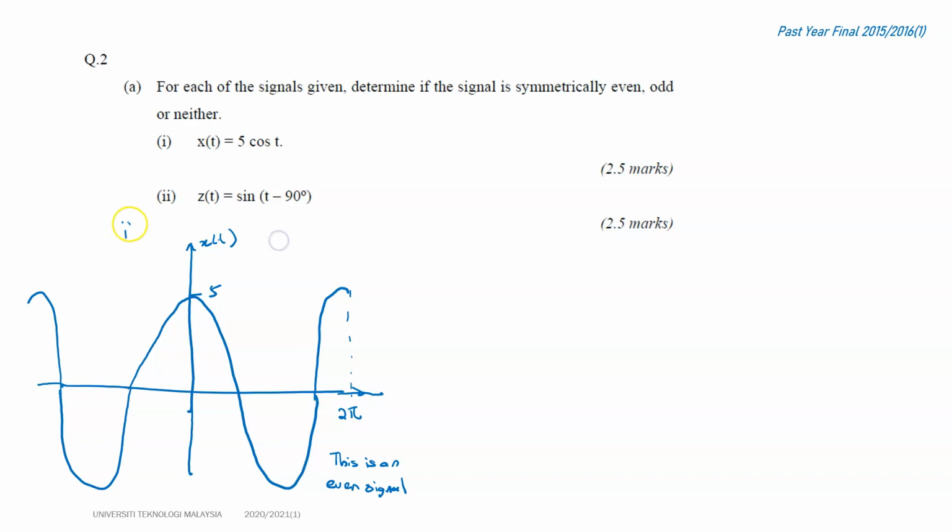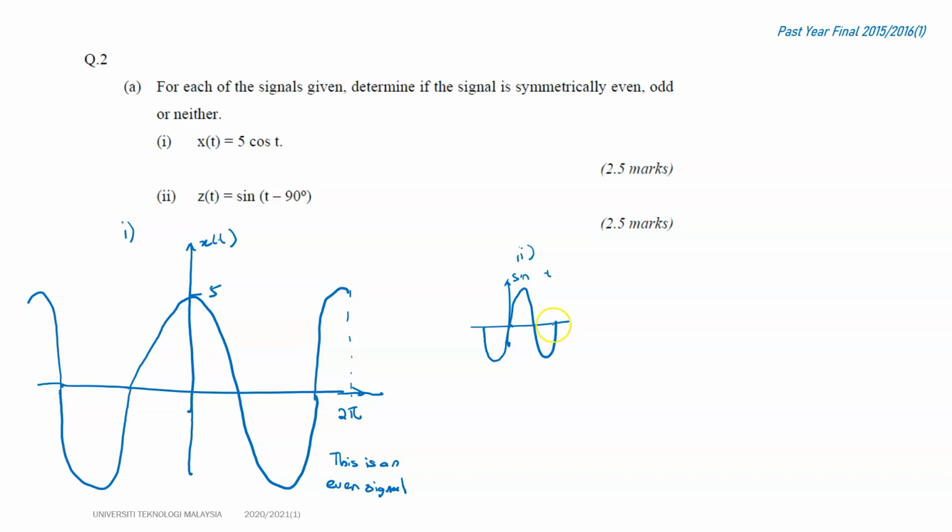Question number 2 here is z(t) equal to sin(t minus 90 degrees). We know that sin t starts from 0, x equal to 0 and y equal to 0, something like this. However, for sin(t minus 90 degrees), we have to shift to the right by 90 degrees.